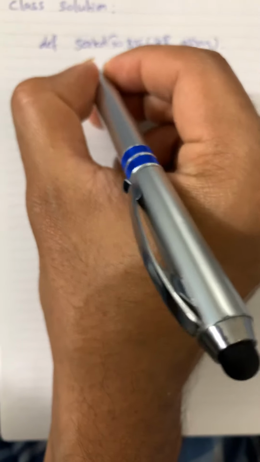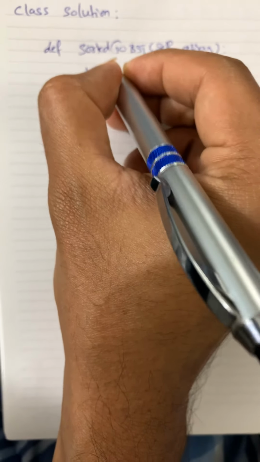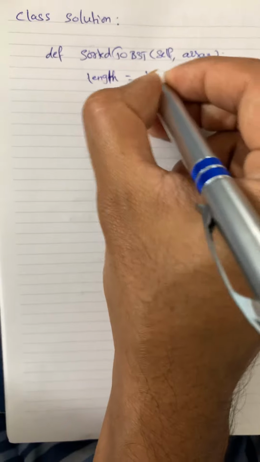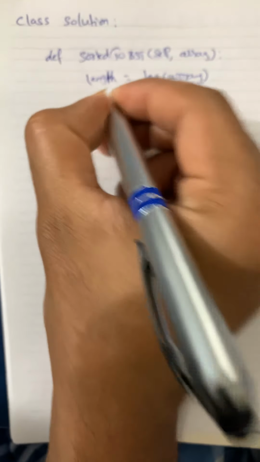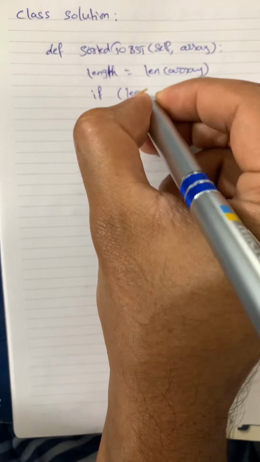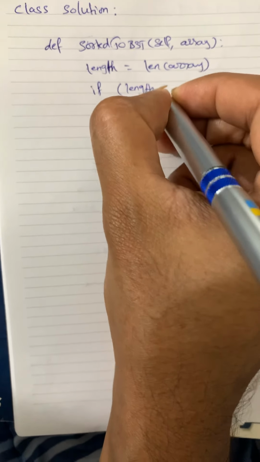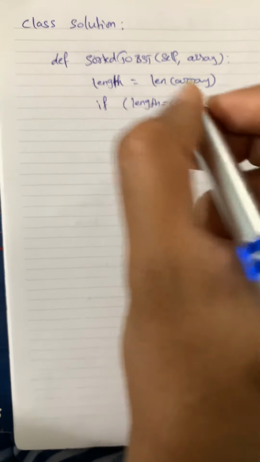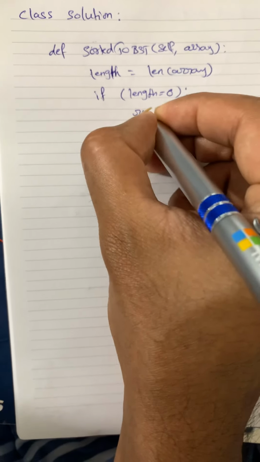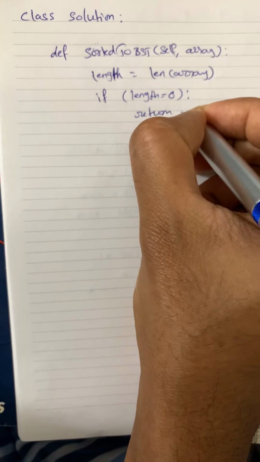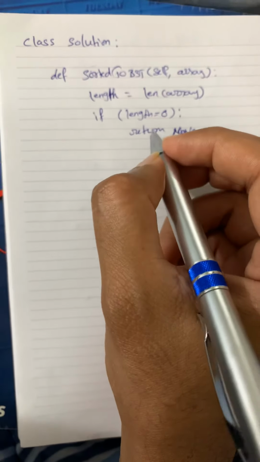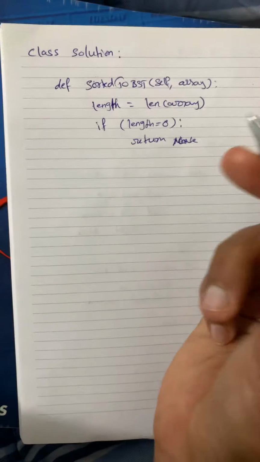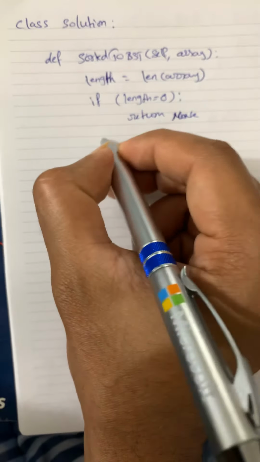Now we need to get the length. We need to write a few base clauses here. If length equals 0, we just return None. And if length is 1, we'll just return the first element in a tree node.